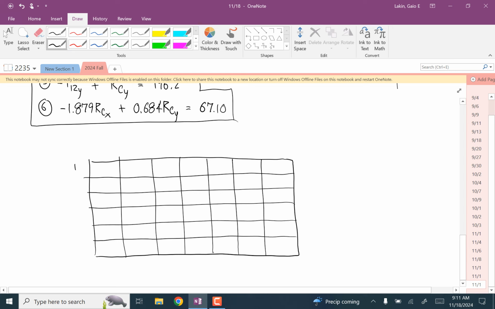So here are equations 1, 2, 3, 4, 5, 6. And variables, I'll say RAX, RAY, F12X, F12Y, RCX, RCY, and the constants.